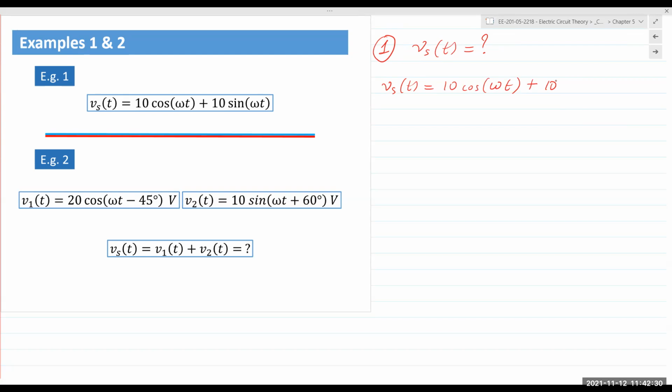What do we need to do in order to write a phasor? Cosine. So sine of x is equal to cos of x minus 90. So if you have 10 sine omega t, this becomes cos of omega t minus 90.